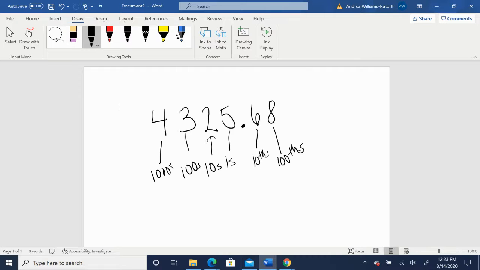We also took the time to write these values as exponents of 10. Since our place value changes by a factor of 10 every time we change position, we use 10 as our base. So here in the 1000s, that would be equivalent to 10 to the third power.